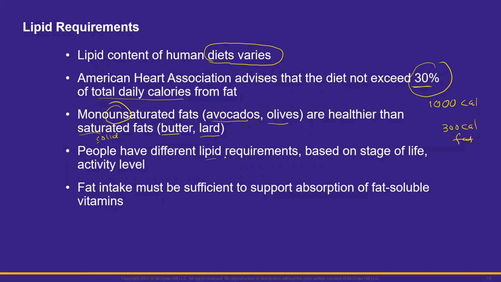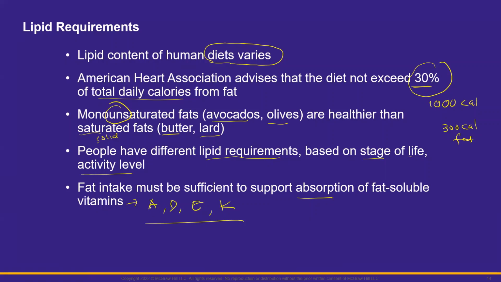People have different lipid requirements based on stage of life and activity level. Fat intake must be sufficient to support the absorption of fat-soluble vitamins like vitamin A, D, E, and K. They require fat in the diet in order to be absorbed.